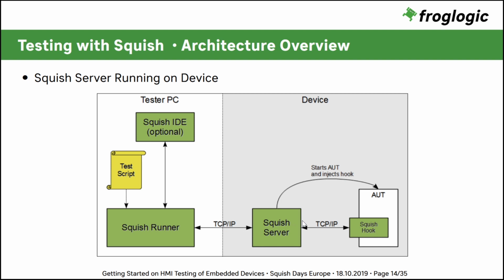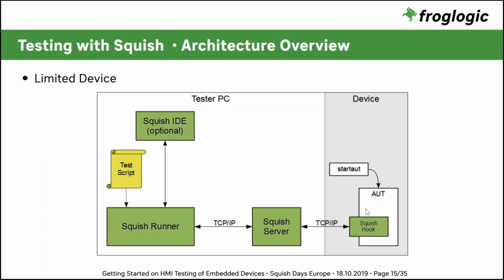So if you have a little bit more limited device on which you cannot run the Squish server but you can still launch processes, this is what you can do. Now the Squish server runs on the tester PC, and on the other side, on the device, you use one Squish program which is called start AUT, and you use that start AUT program to start your application, and then start AUT will inject the Squish hook into the application.